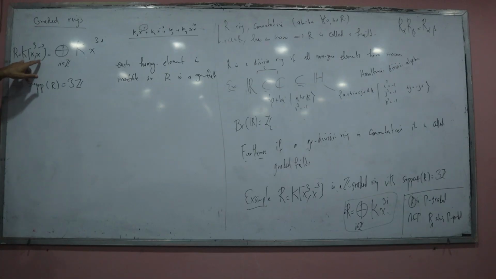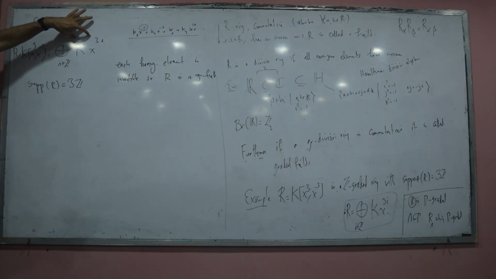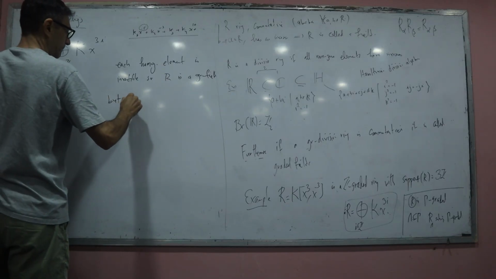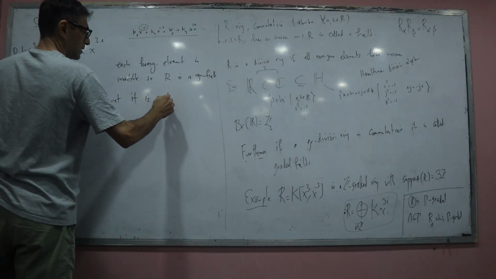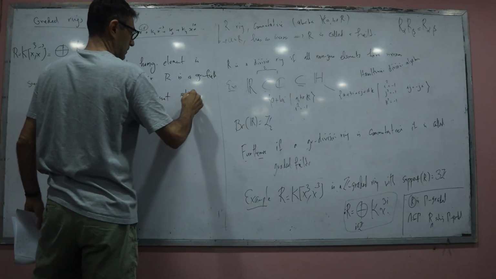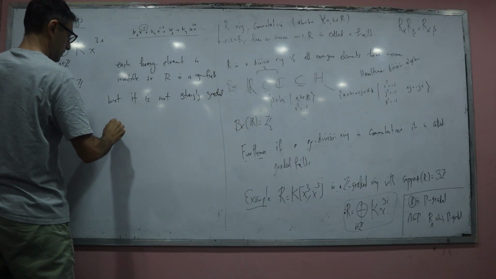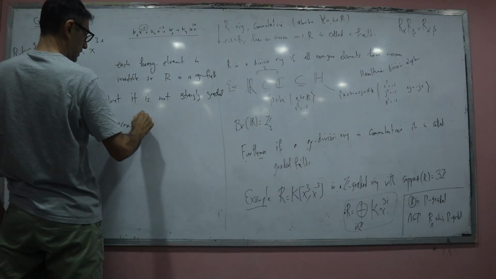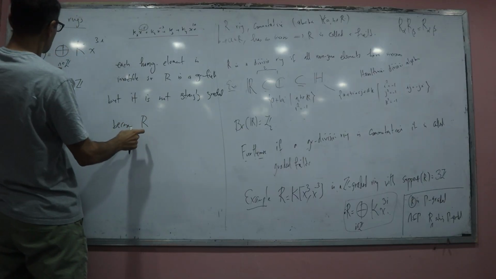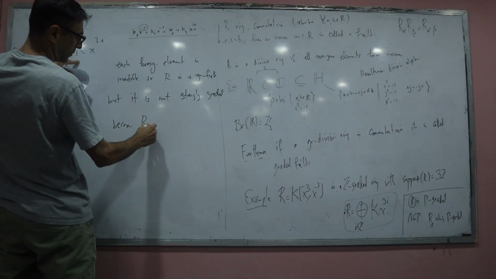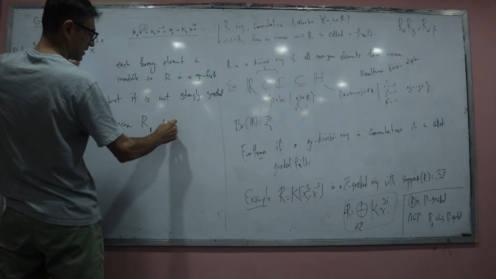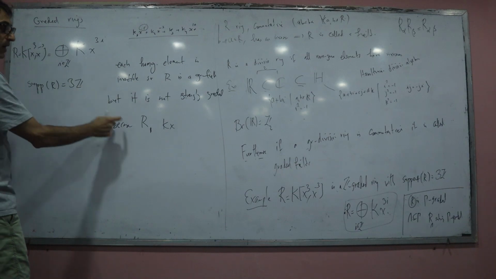It's commutative. Each of these components, everything is invertible, so it's a graded field. But it's not strongly graded. Because R1 would not appear here, so R1 is 0.